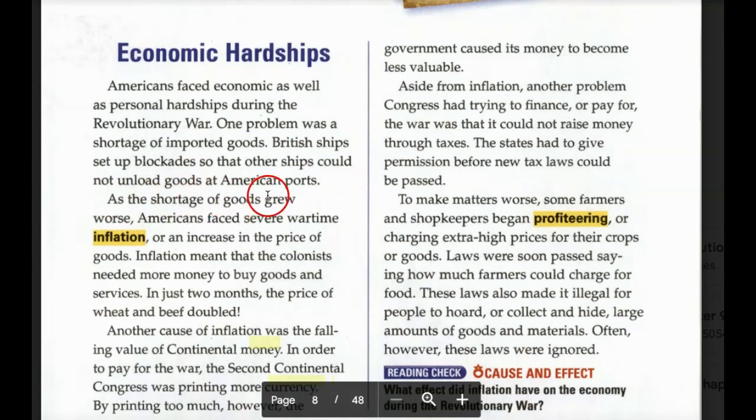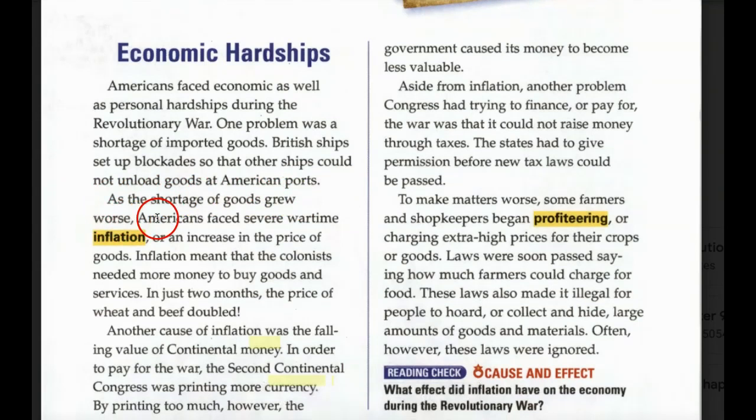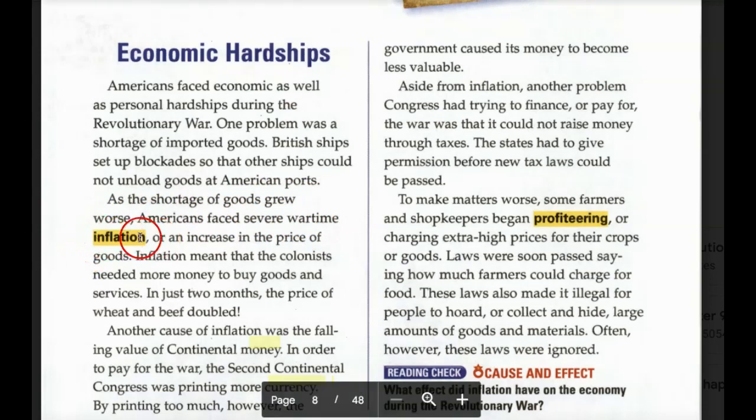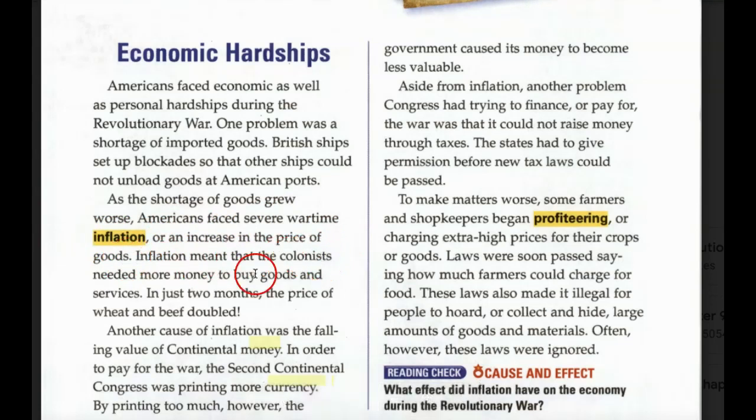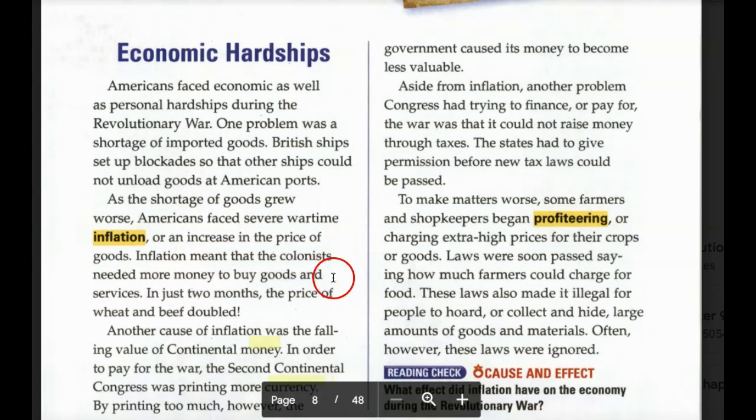As the shortage of goods grew worse, Americans faced severe wartime inflation, which is an increase in the price of goods. Inflation meant that the colonists needed more money to buy goods and services. In just 2 months, the price of wheat and beef doubled.